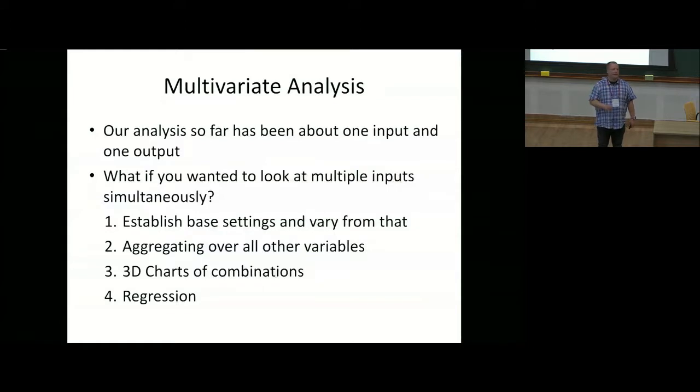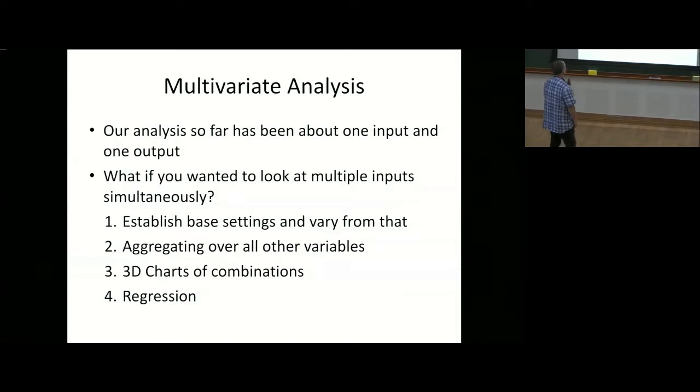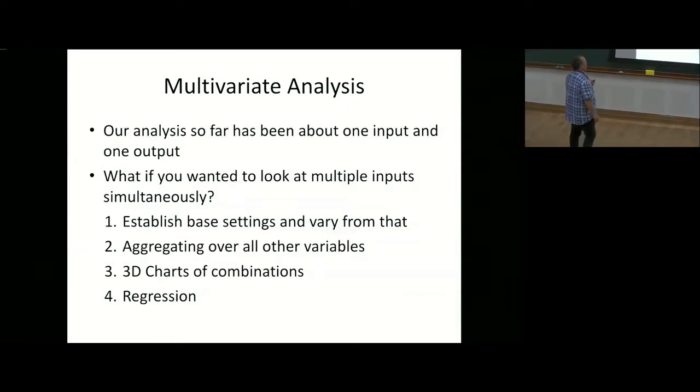Up until 2 dimensions of input with 1 dimensional output, we can actually visualize this. After that, we can't, because as far as I know, no one has the ability to visualize 4 dimensions right now. If any of you do, let me know. That'd be cool. But there are other ways we can do that.